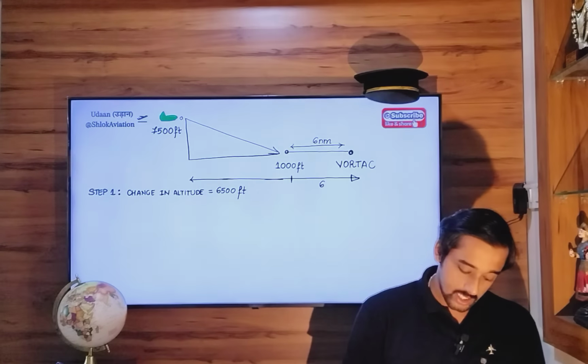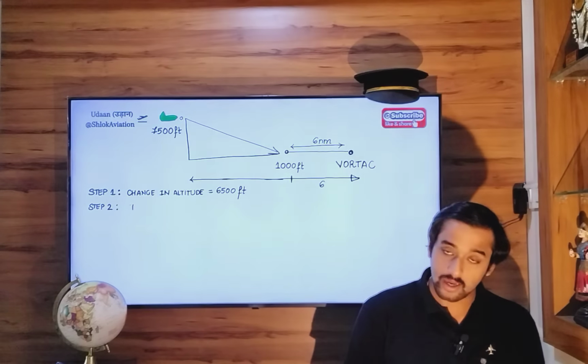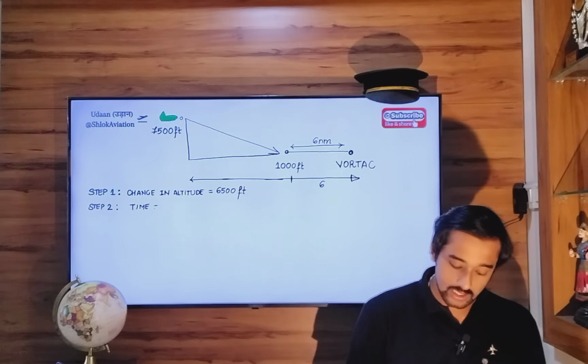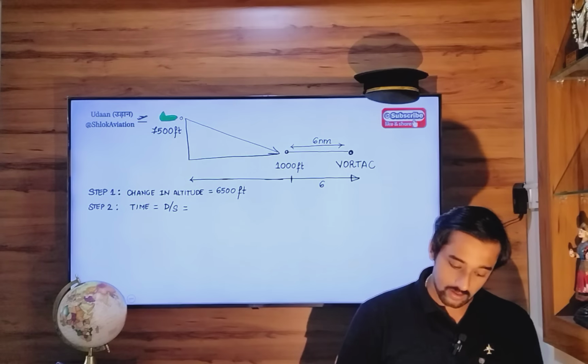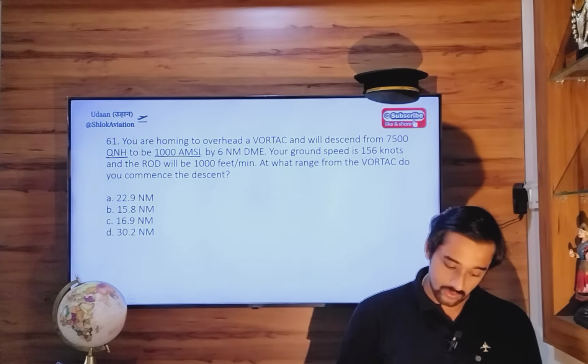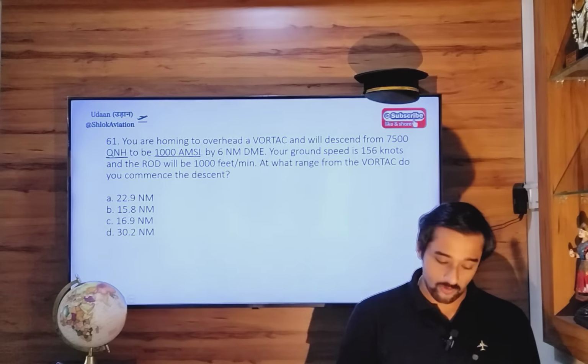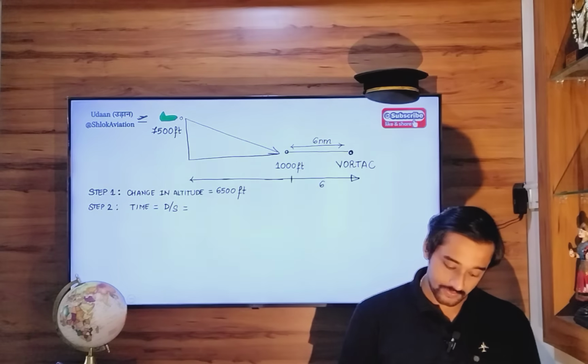Step number 2, time taken to descend is distance divided by speed. Now distance we do not know, that's fine. Distance also we have to find out, and speed we have 156 knots.